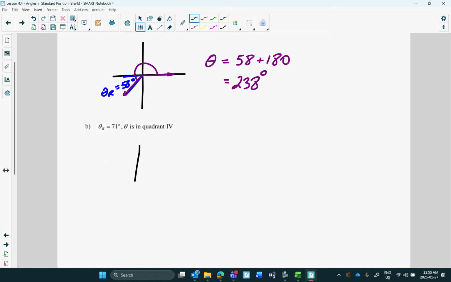And then for this one, I'm going to sketch it again. I have to draw a 71-degree reference angle in quadrant 4. So theta r is going to be 71 degrees, which means this is what I'm looking for.